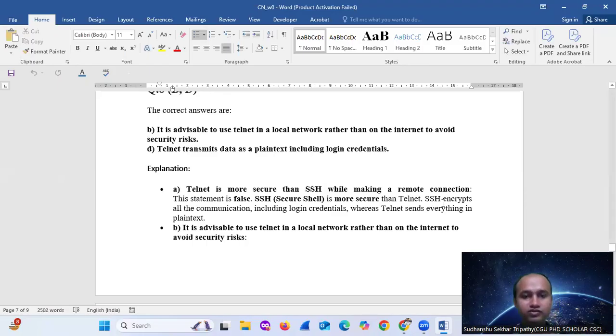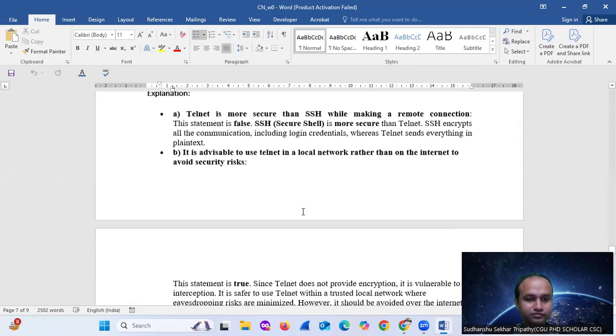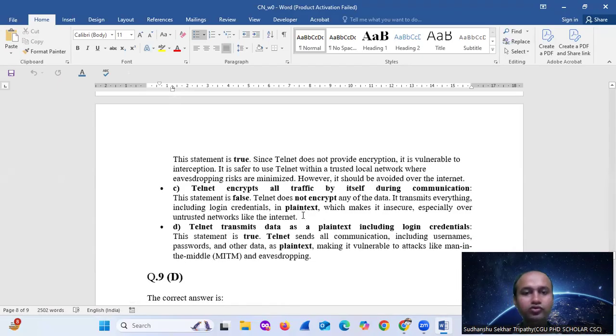सो एसएसएच सिक्योर शेल encrypts all the communication including login credentials, whereas telnet sends everything in plain text. Okay. ये फॉल्स हो गया. तो बी ऑप्शन इट इज एडवाइजेबल टू use telnet in a local network rather than on the internet to avoid security risk. So ये ट्रू हो जाएगा. क्यों ट्रू होगा?